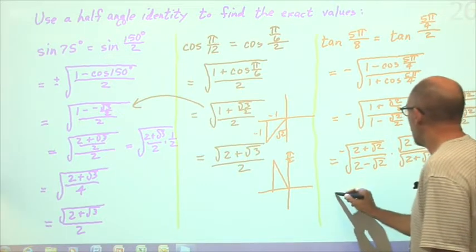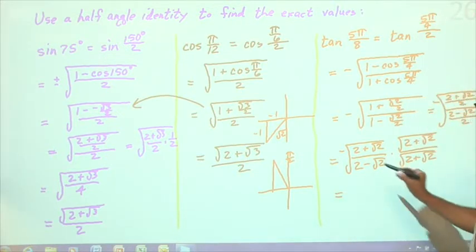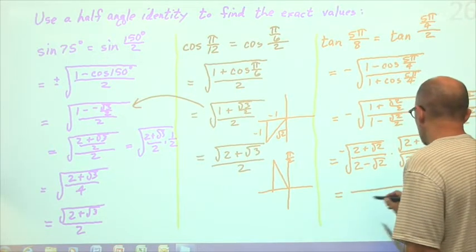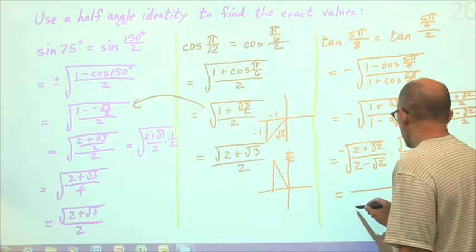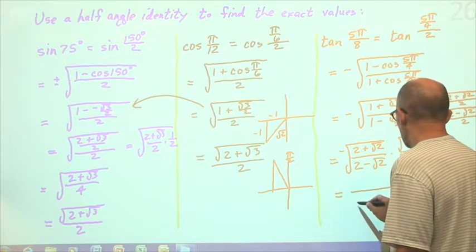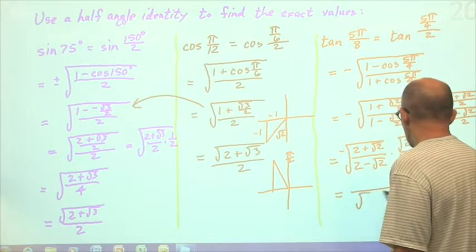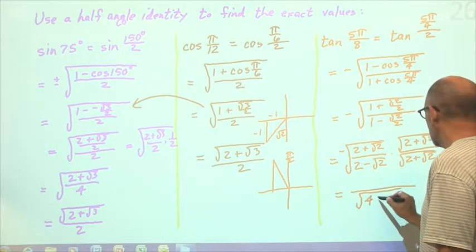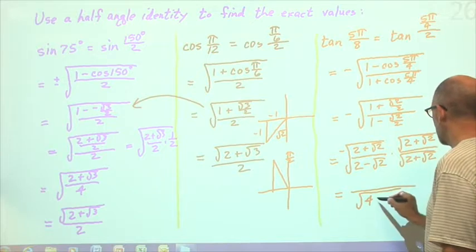Now, on the bottom, we have an a minus b times an a plus b, so that gives us the square root of a squared minus b squared.